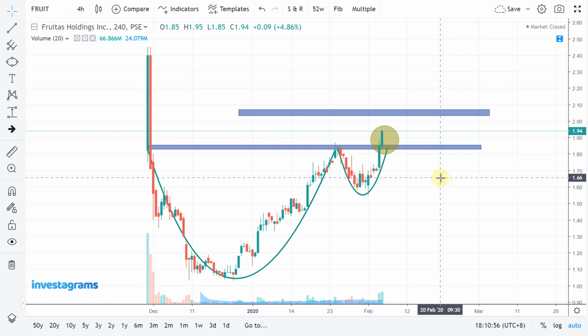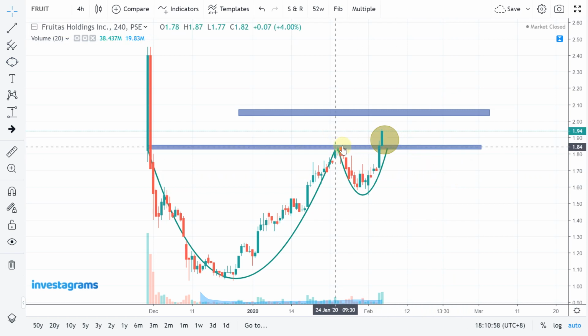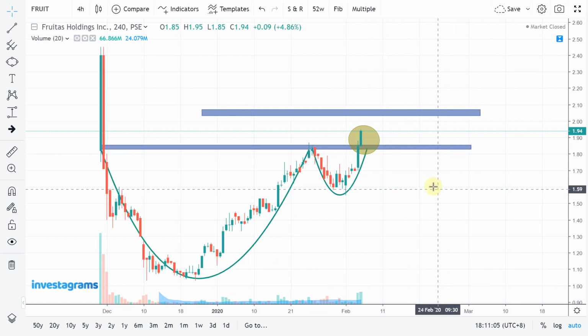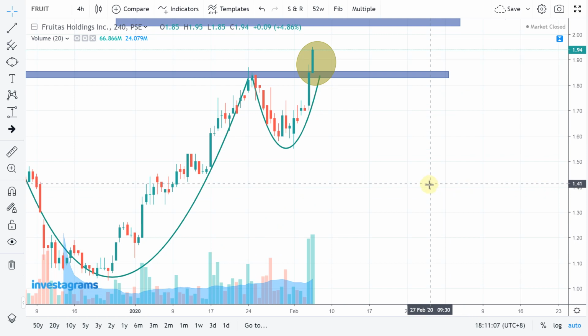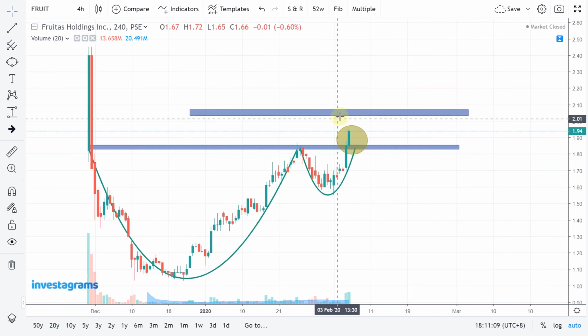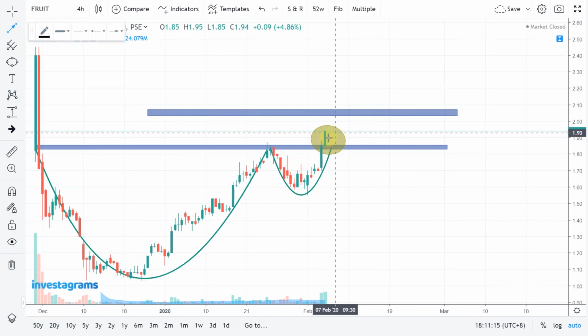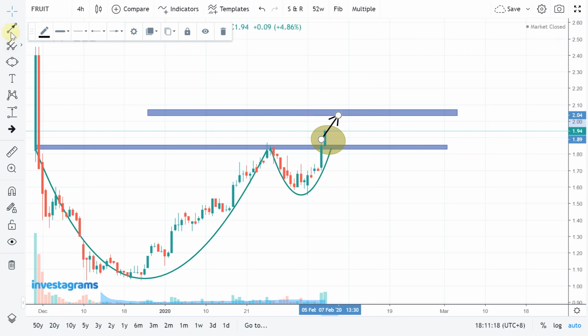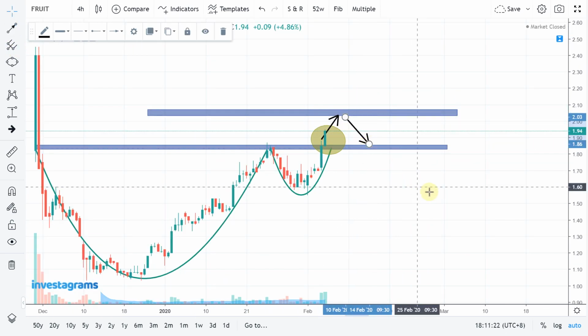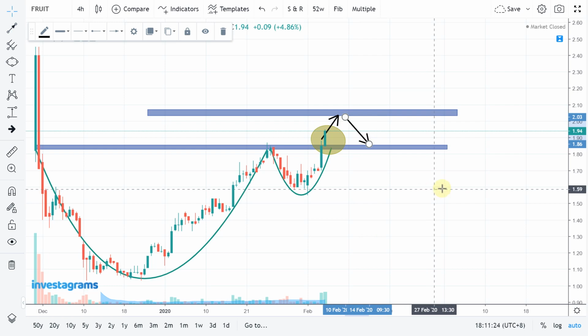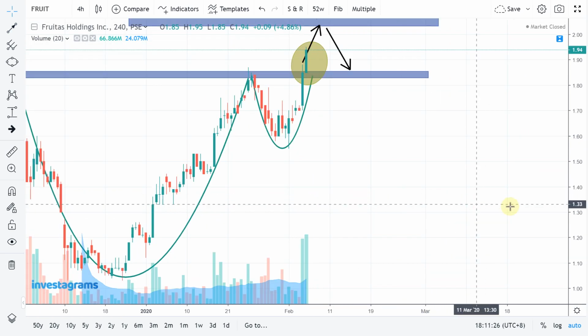Nag-break na siya dun sa may neckline natin, which is around 1.86 pesos. So maybe uuntog muna siya dito sa DOS. So possible sa DOS. Then magko-consolidate tayo sa may support natin sa ating neckline.